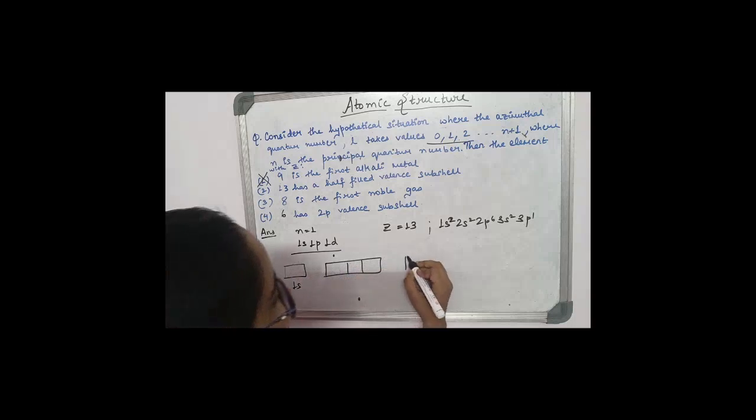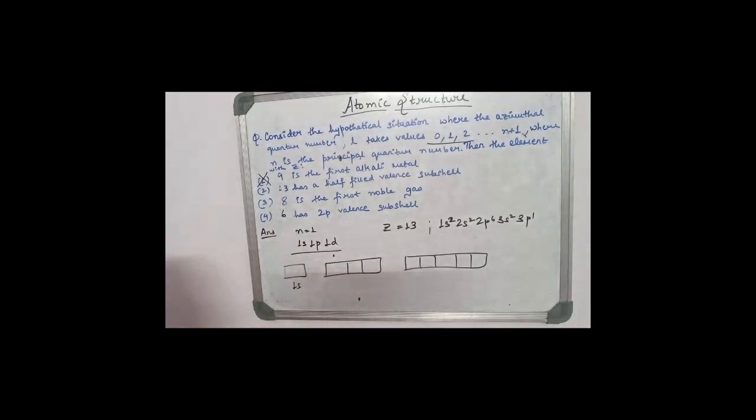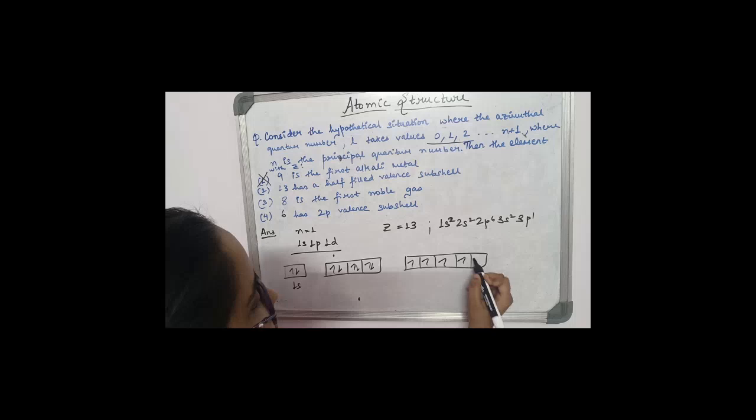Okay, so now let us arrange the electrons over here. 1s, 1p, 1d. So 1, 2, 3, 4, 5, 6, 7, 8, 9, 10, 11, 12, 13.